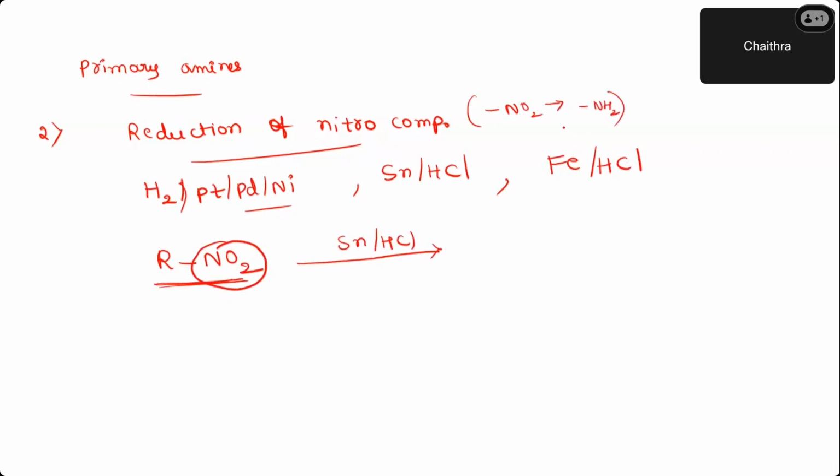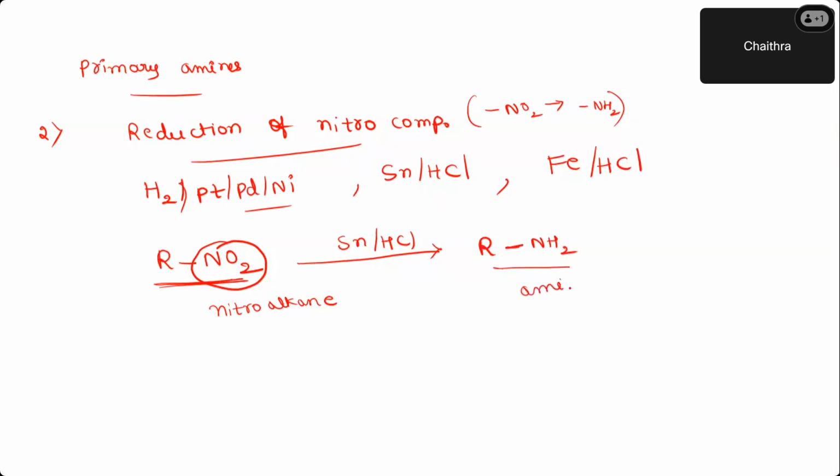So can you tell me the product if I take a nitroalkane? NO2 should get reduced to what? NH2. There is no ascent or descent of the series. R remains the same. NO2 alone gets converted into NH2. That's it.